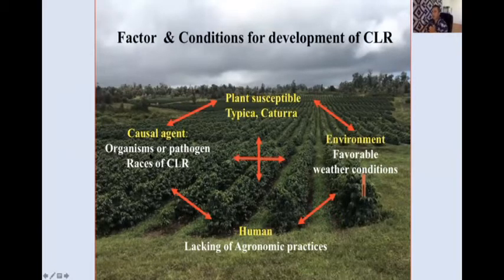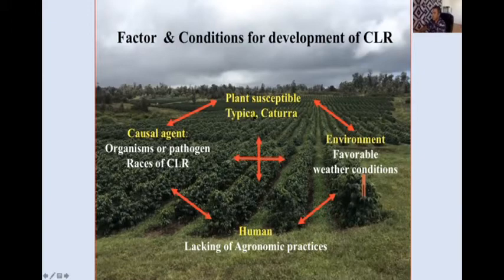This has to be one of the races that is going to attack susceptible coffee plants. That means not all the races are going to attack all Typica or all Caturra. No, there are some races that attack some cultivars, other races could attack others. So it depends on what we get. Now we have coffee plants that are susceptible, Typica, Caturra, and others.